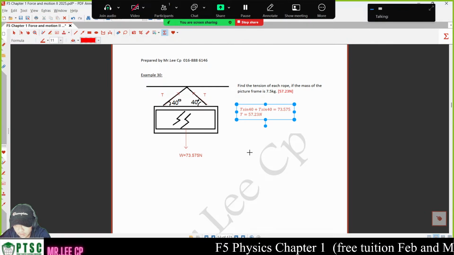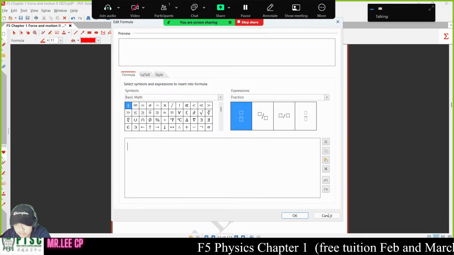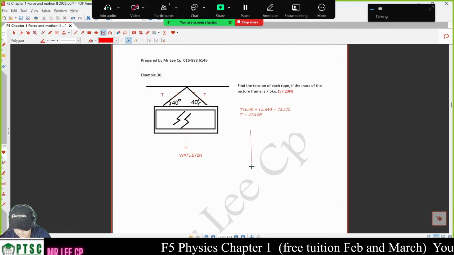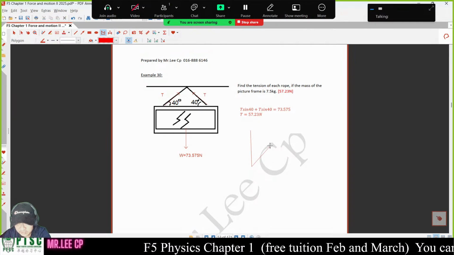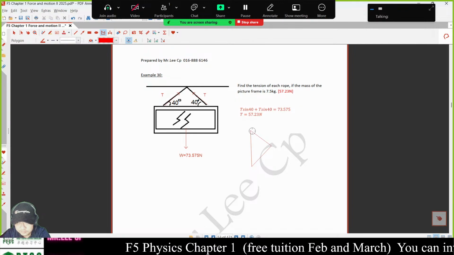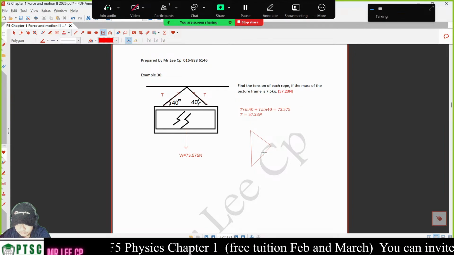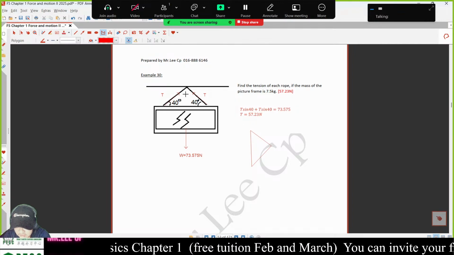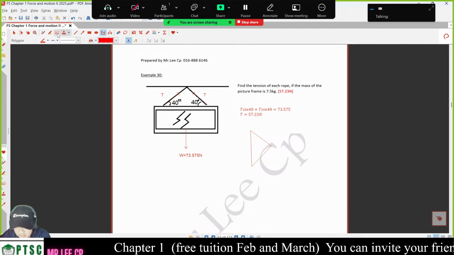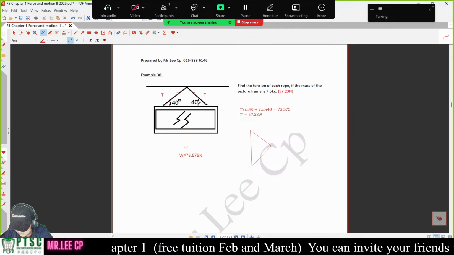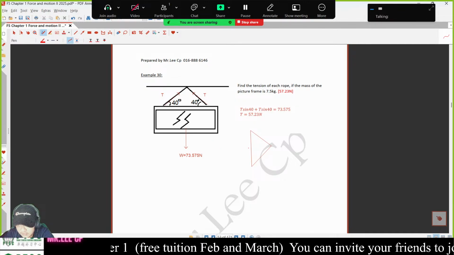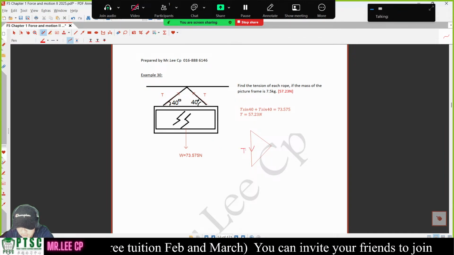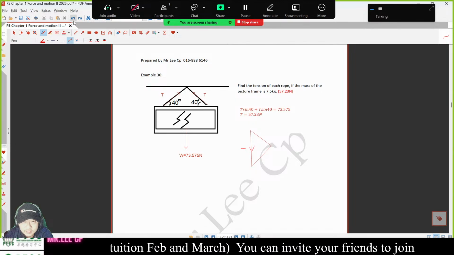So now this is W. And then this is T, and then this is T. And then this is W. So I label first. Right, the direction must be inner. So this is T. No, sorry. This is W.